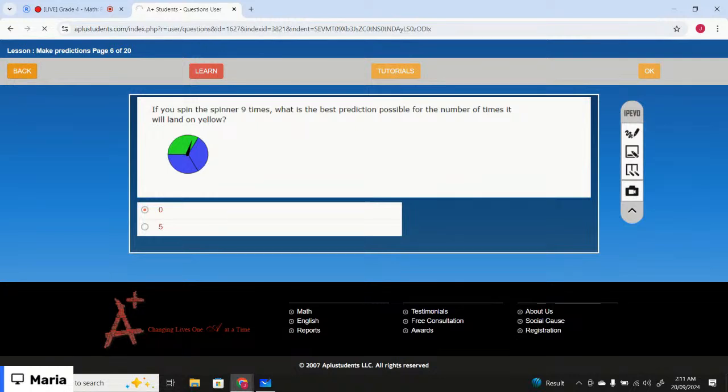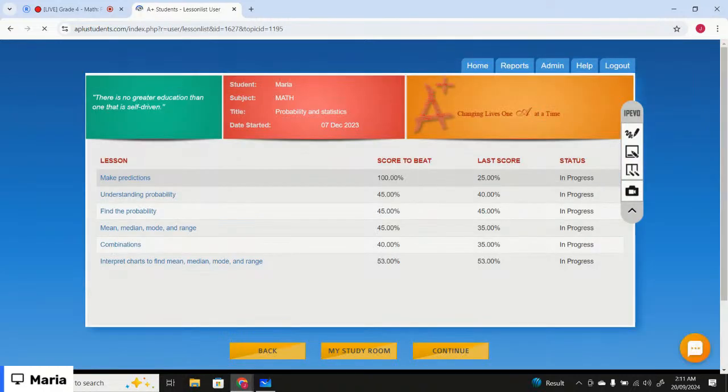Let me just move on to the next lesson. That is understanding probability.